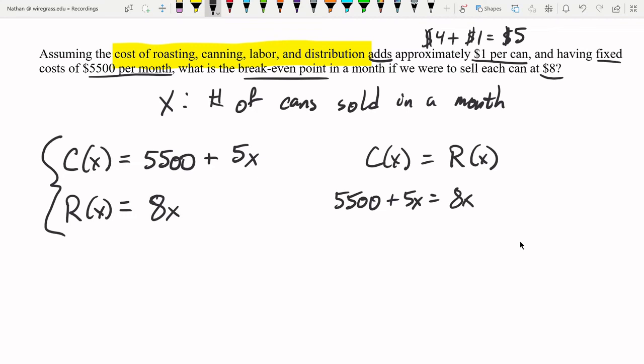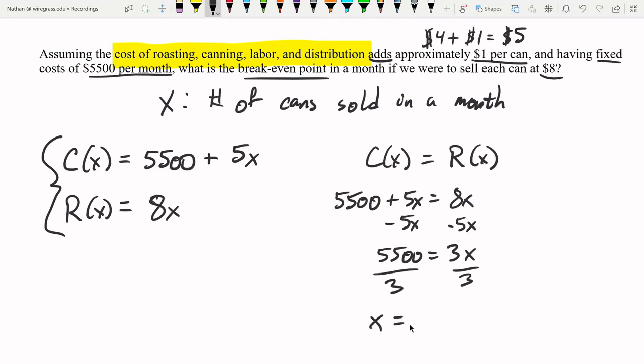This is a linear equation in one variable. We can solve it by getting x by itself. I'm going to subtract 5x to the other side. That equals 3x. And then divide by 3.